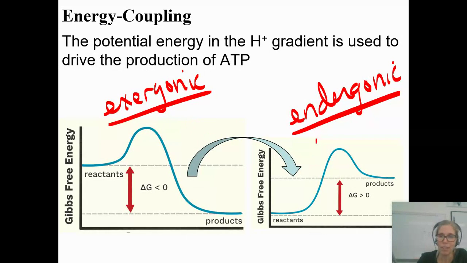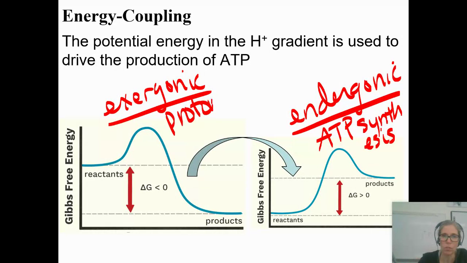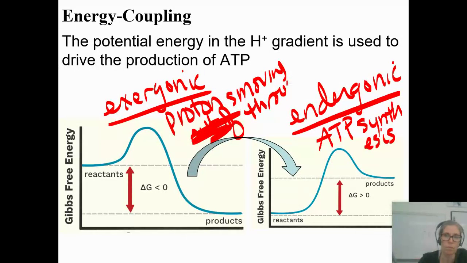In this case, the endergonic reaction is making ATP, so ATP synthesis. How do you get the energy for that? You get it from the proton gradient, so protons moving out through ATP synthase.